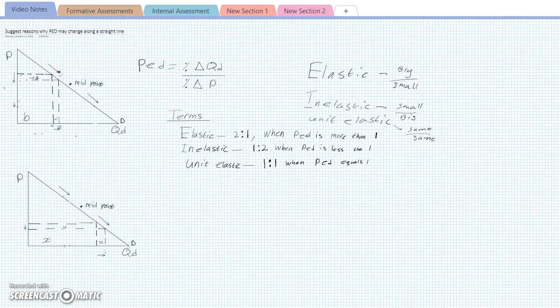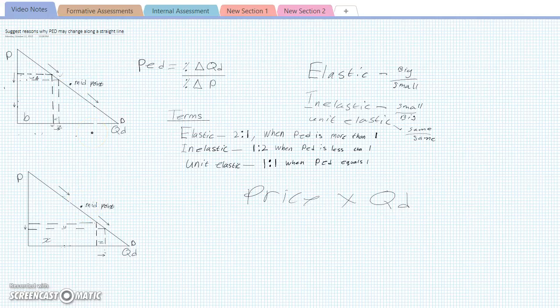total revenue, and the calculation for total revenue is price times QD, quantity demanded. And what we say about total revenue is it is maximized at the midpoint.